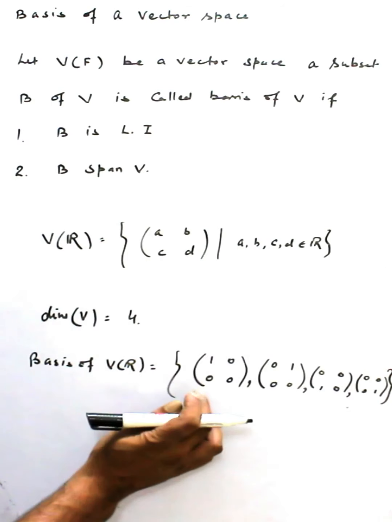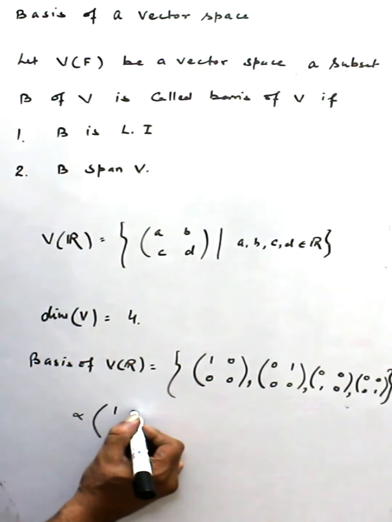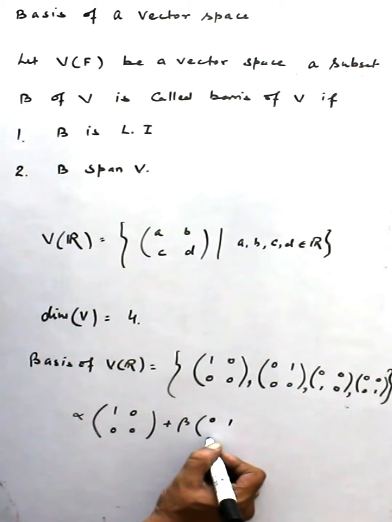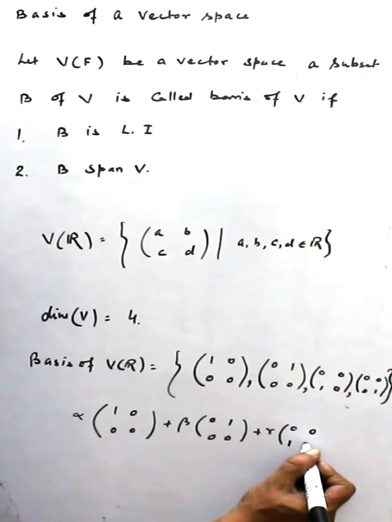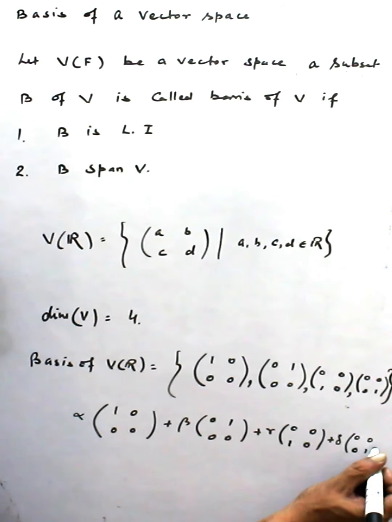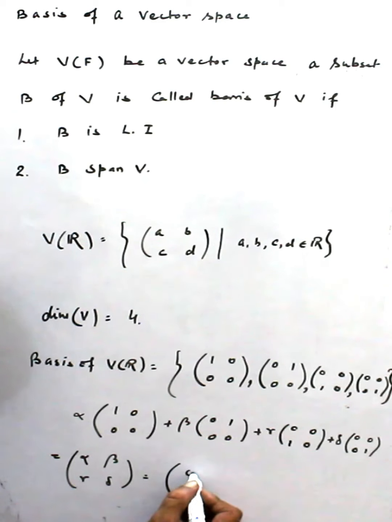We can check, because if I take alpha times (1 0, 0 0) plus beta times (0 1, 0 0) plus gamma times (0 0, 1 0) plus delta times (0 0, 0 1) equal to the zero matrix, then this gives alpha 0, beta 0, gamma 0, delta 0.